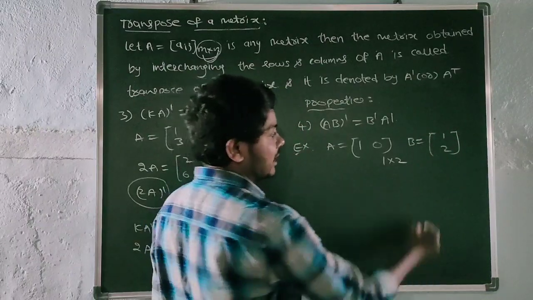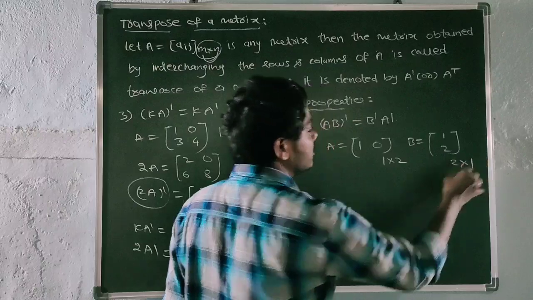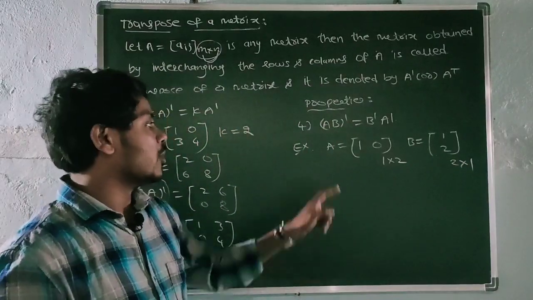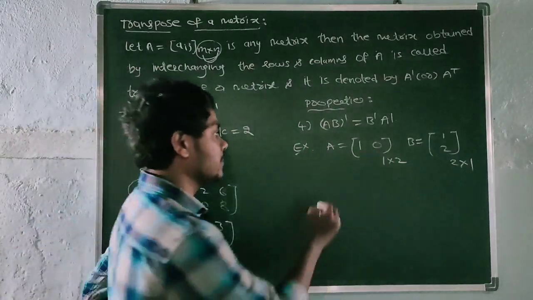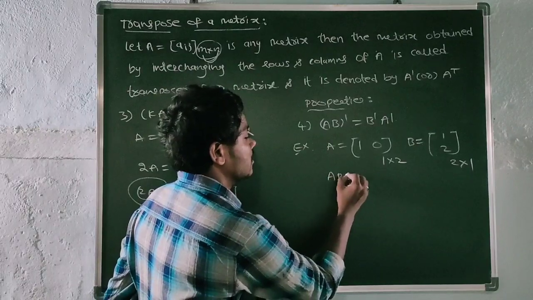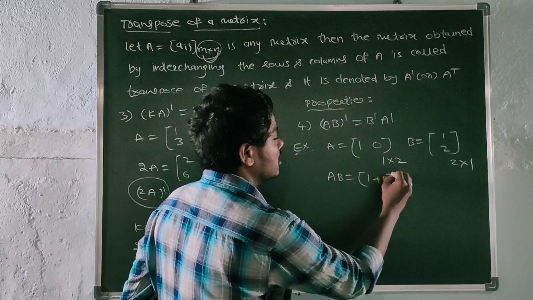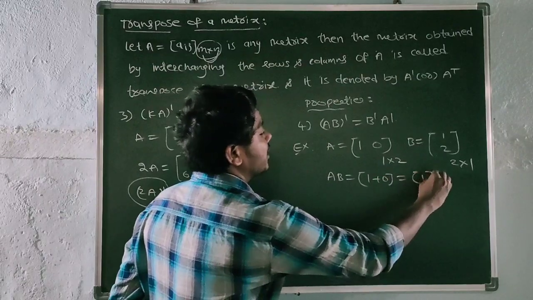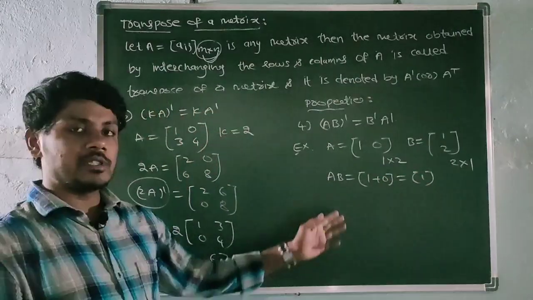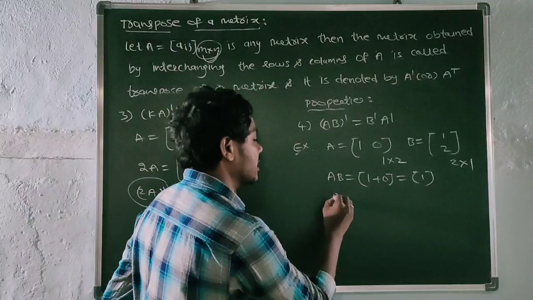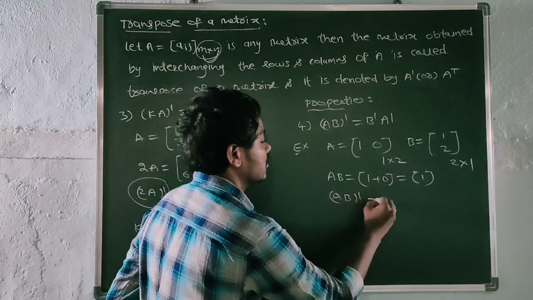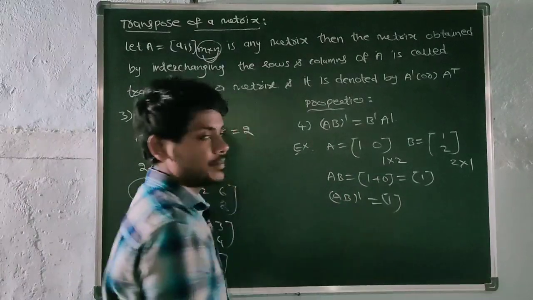The order of this matrix is 2 by 1. Now multiplying A into B, row into column, that is 1 plus 0, so you get 1. Now the transpose of this is again 1 only.